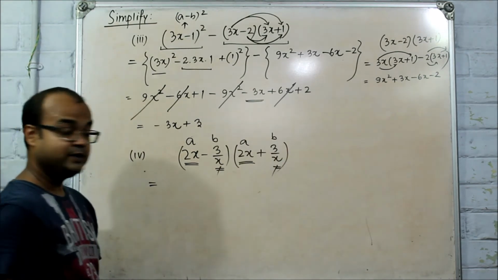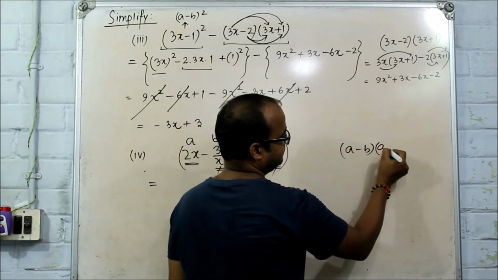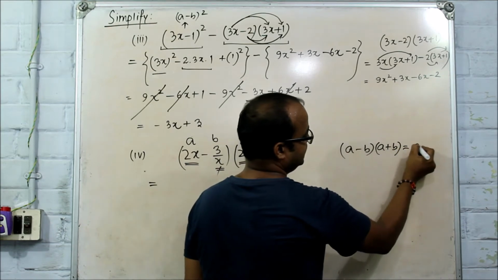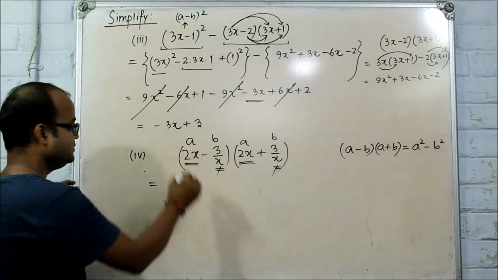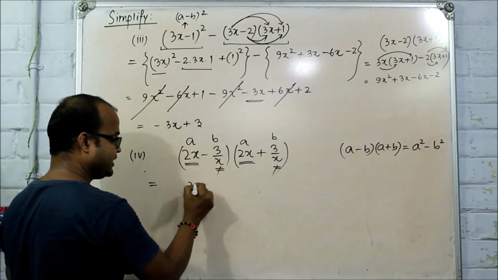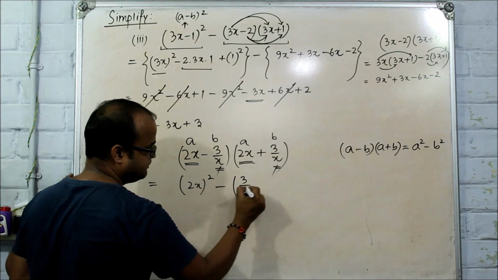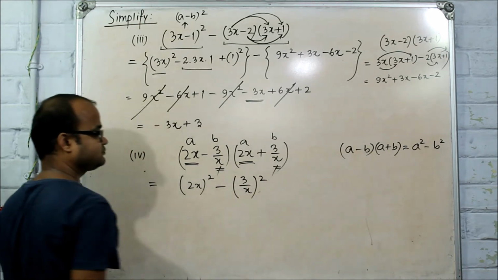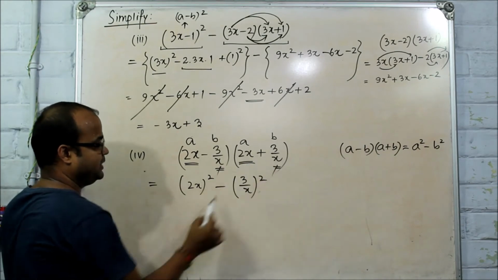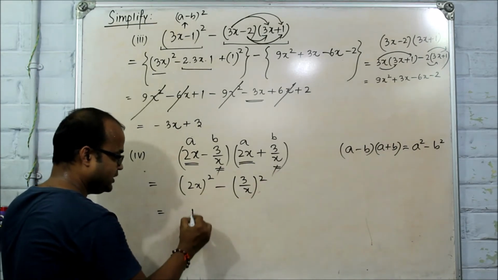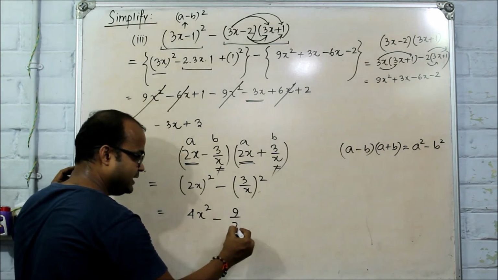So the formula of a minus b multiplied by a plus b is a square minus b square. If you apply this formula, you can write 2x square minus 3 by x square. Clear? A minus b and a plus b. So 2x square means 4x square minus 9 by x square.